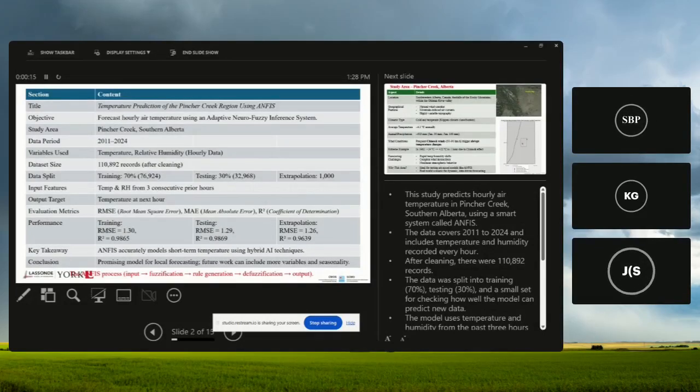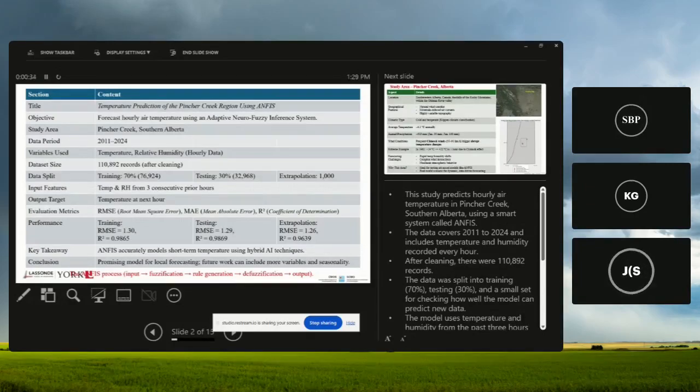This is the forecast of hourly air temperature using an ANFIS system in the area named Pincher Creek in southern Alberta. Our data period is 2011 to 2024, with measurements every 3 hours.